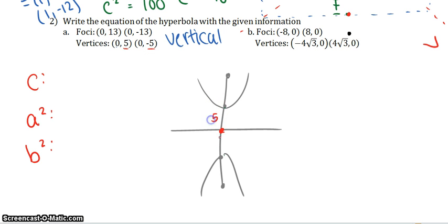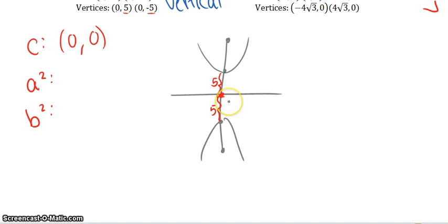They're both 5 units away from 0. So that means our center x-coordinate is 0 and our y-coordinate is 0. Nice and easy. If you weren't sure how I got that just by looking at the graph, you could always actually find the midpoint of the y-coordinates. Remember, we find the midpoint by adding them and dividing by 2, and it'll still give you a y-coordinate of 0. Something to think about.